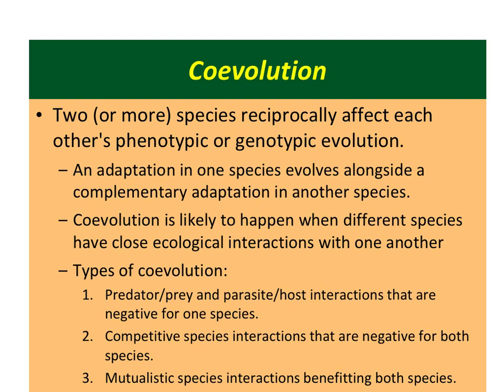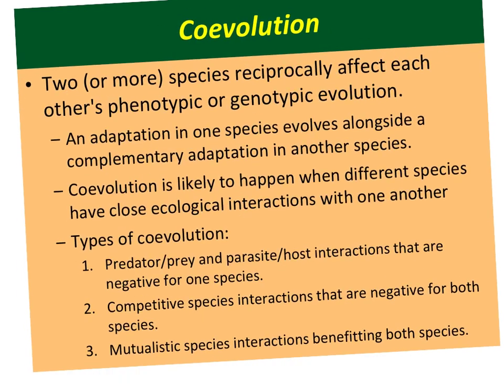And then there's also a concomitant adaptation, faster and faster cheetahs, up to a certain point where neither species can go any further. So coevolution likely happens when two different species have close ecological interactions with one another.